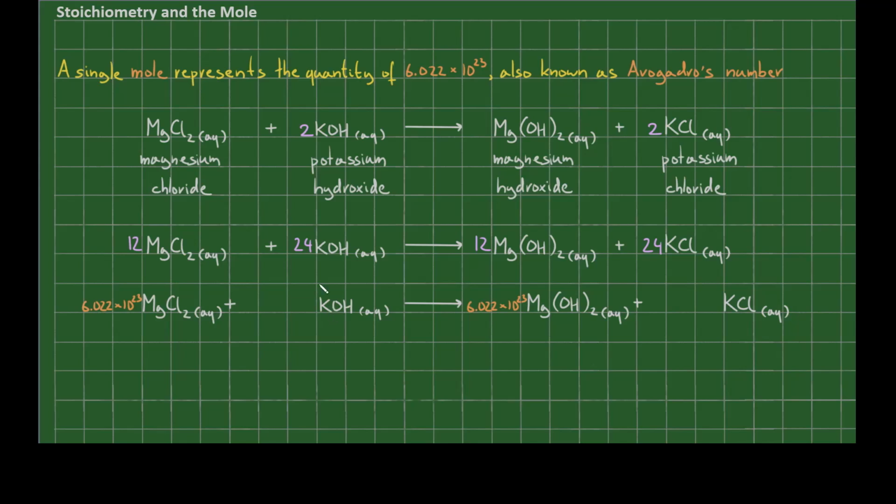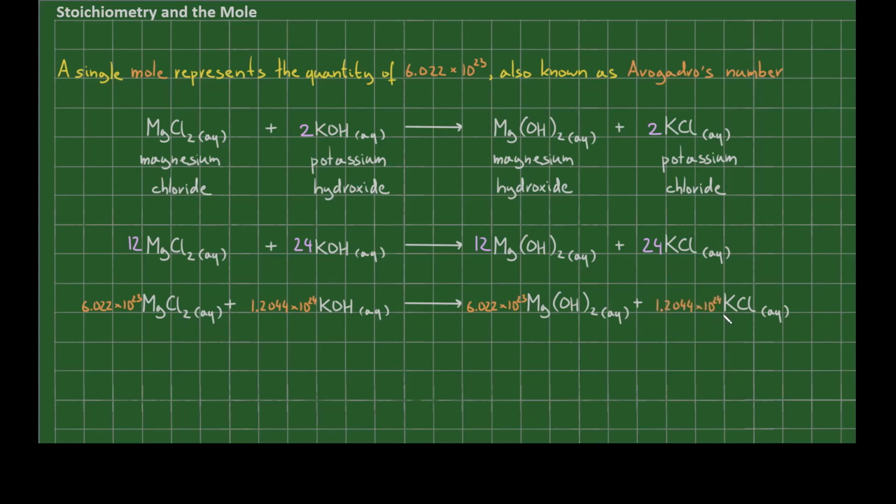Well, the ratio between magnesium chloride and potassium hydroxide is 1:2. So for every magnesium chloride, I will need 2 potassium hydroxides. In other words, the 2 needs to be multiplied by Avogadro's number. And that would give me 1.2044 times 10 to the 24th. The same is true for potassium chlorides.